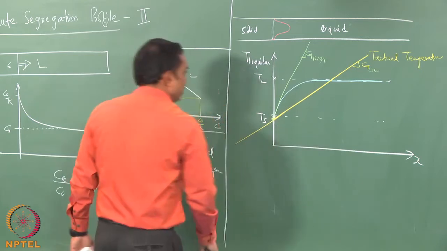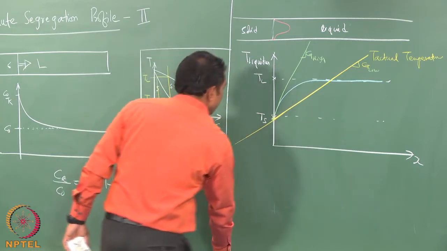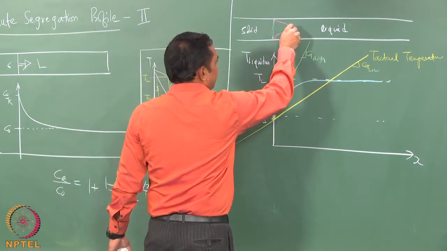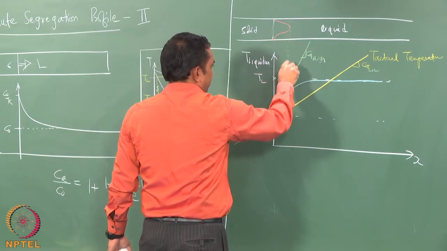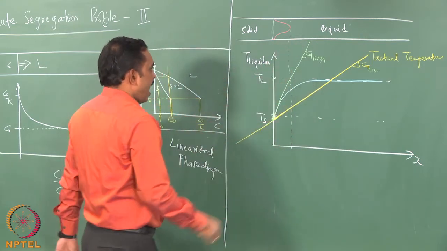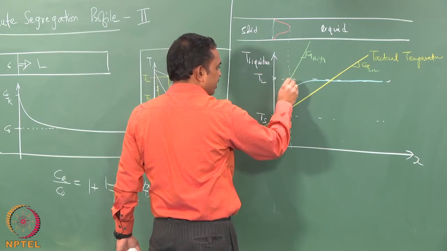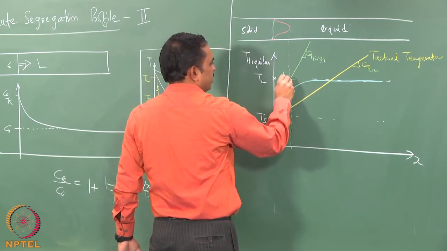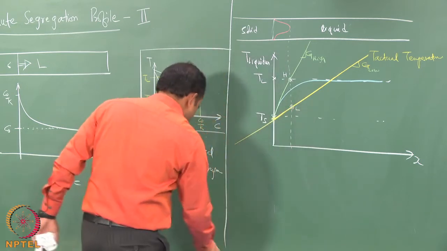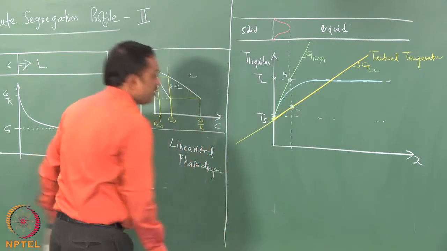So, if that is a fluctuation, then how the temperatures look at the front of the fluctuation is something known when you draw this vertical line. Okay, and you can see that there are two intersection points. Okay, I am putting this point as H and this point as L.